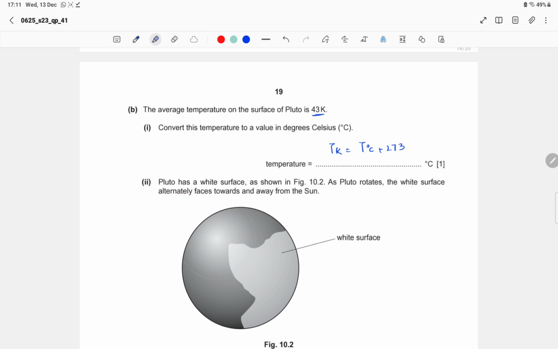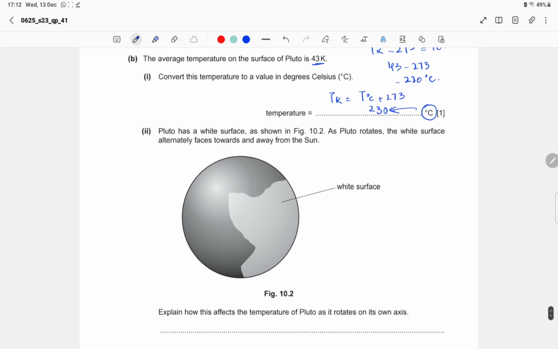We need to find out the temperature in Celsius. So TK minus 273 equals to TC. So 43 minus 273 is going to be minus 230 degrees Celsius. So minus 230 degrees Celsius would be your answer. So no need to write the unit.